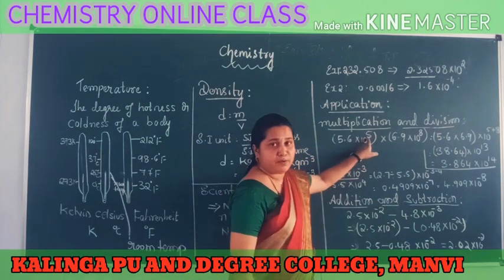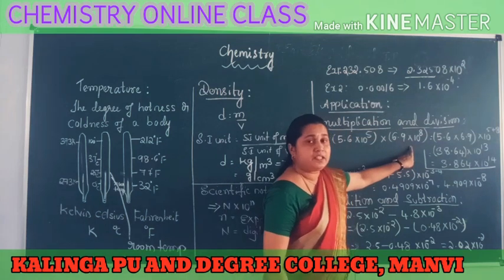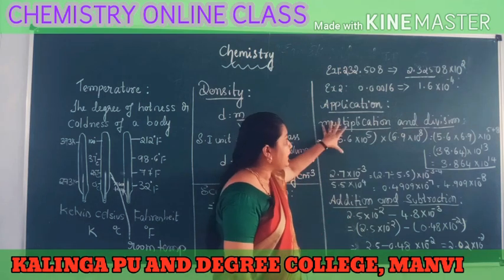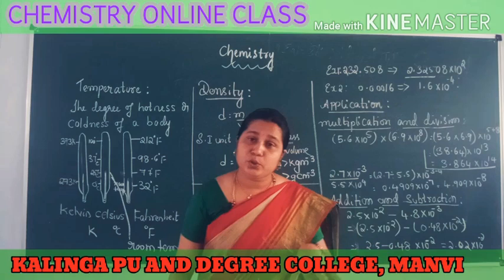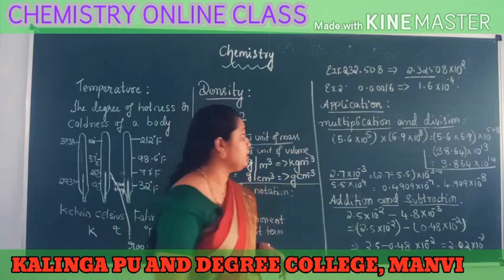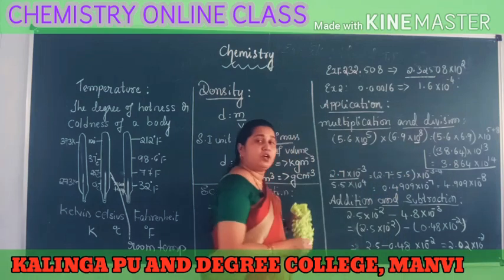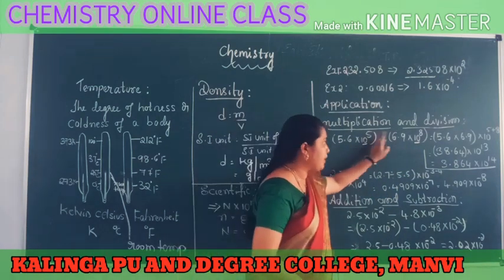So 10 power 5 or 10 power 8 is there. In that the base is 10. 10 is common in this, no? That 10 you take outside. The rest of the terms you write like that only. Which terms are left out here? Here 5.6, here 6.9. So 5.6 into 6.9 multiplied by 10 power 5 into 10 power 8. As bases are equal, exponents must be added.